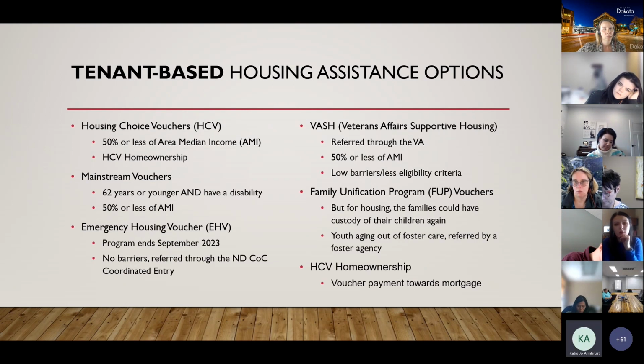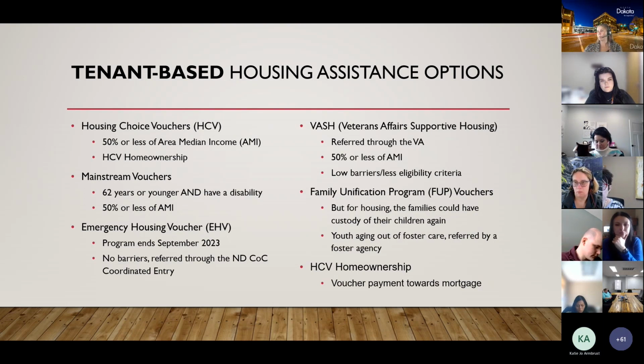Along with that, unfortunately, housing assistance isn't an entitlement benefit. Unlike Medicaid or some of the other benefits our country has, if you are eligible for housing, that doesn't necessarily mean you are going to get housing.